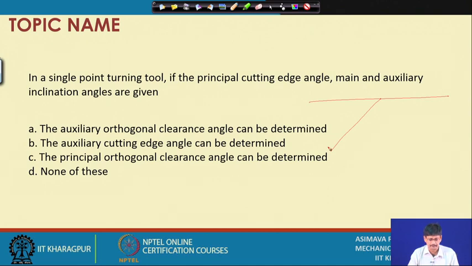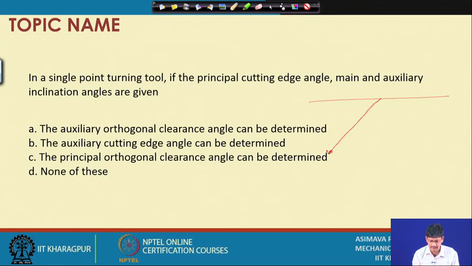So, I know the main inclination angle lambda. So, the way this is inclined from the starting point, I am knowing this, and the way the inclination angle of the auxiliary cutting edge is oriented, that also I know.